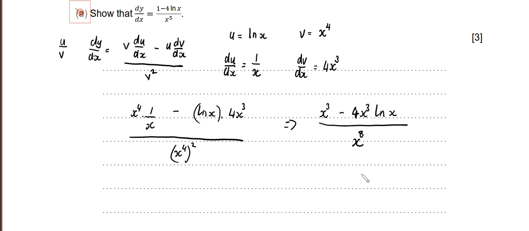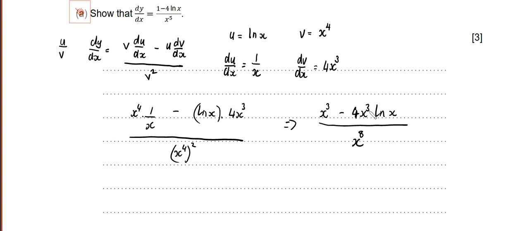Okay. We're getting close to what they wanted, but not quite yet. So what can we do now? All right, so you're saying you're cancelling the x to the power 3. Yeah. Okay, we've got it in both, so that's fine as long as that's what you were intending. Because if you just did it on that one, you were going to leave it there. That's not correct.